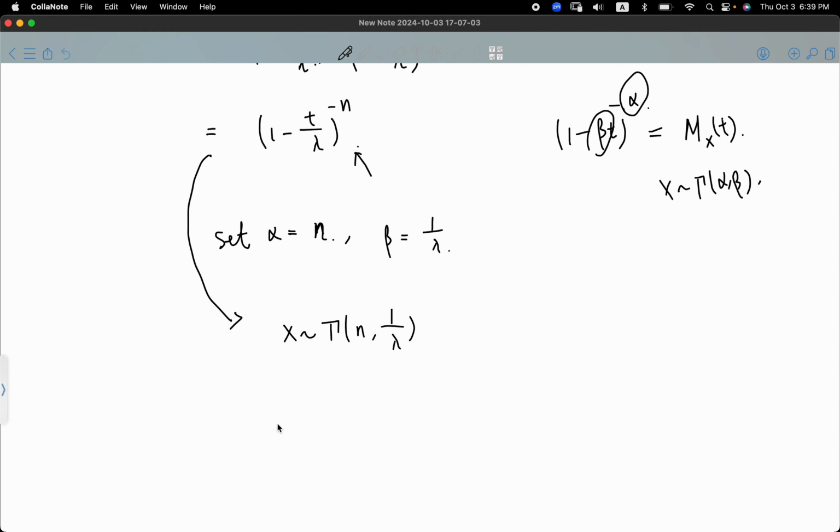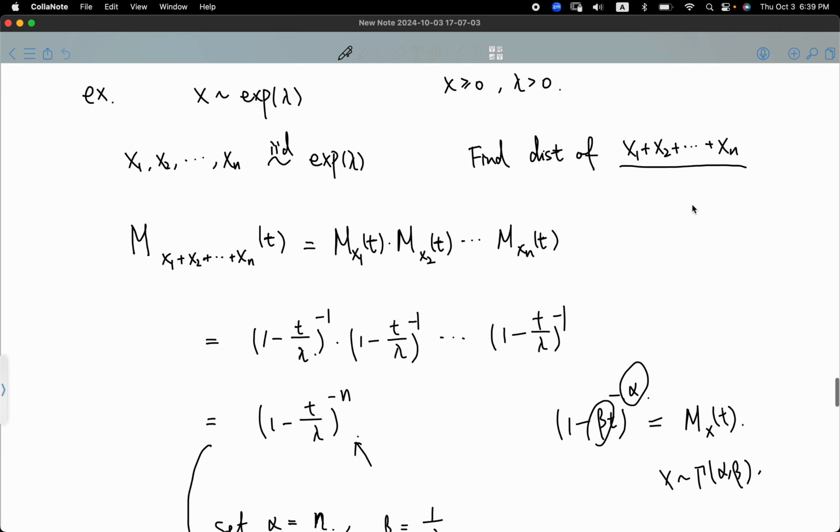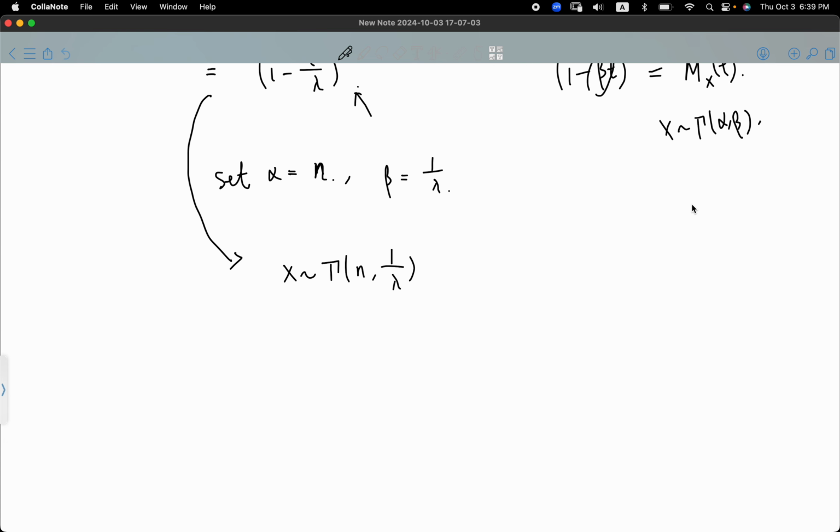So now to answer the question, what is the distribution for a sum of exponential random variables? The answer is a gamma distribution with this particular parameter. This is your new alpha, this is your new beta.